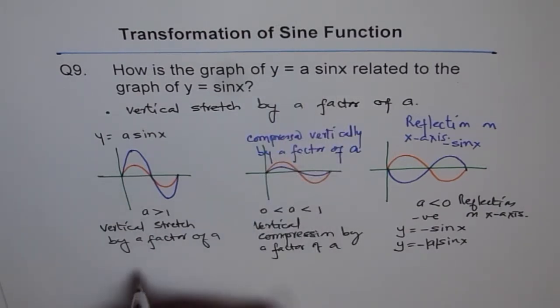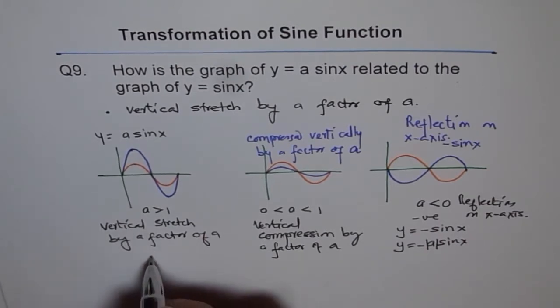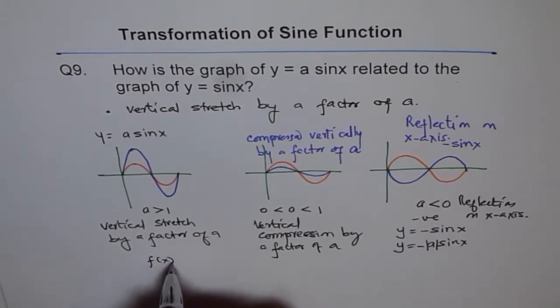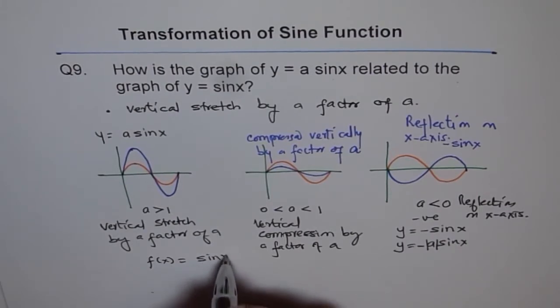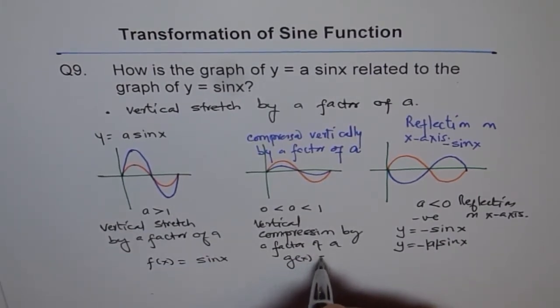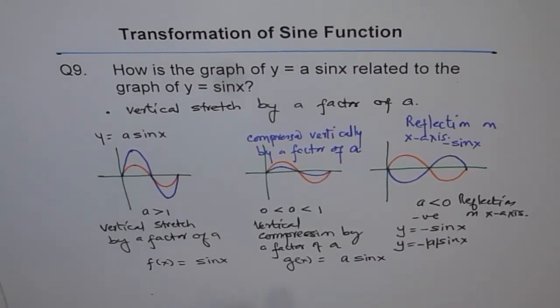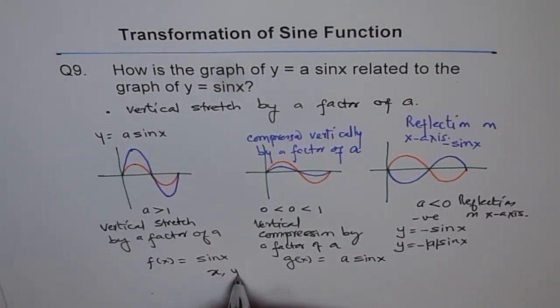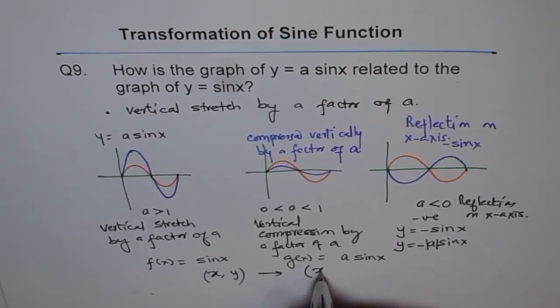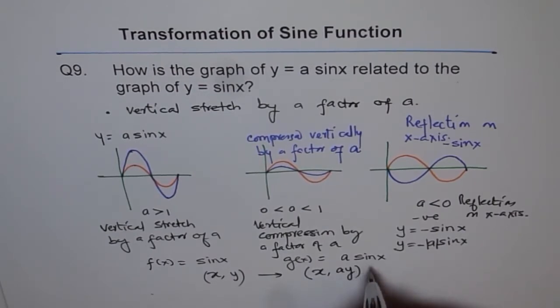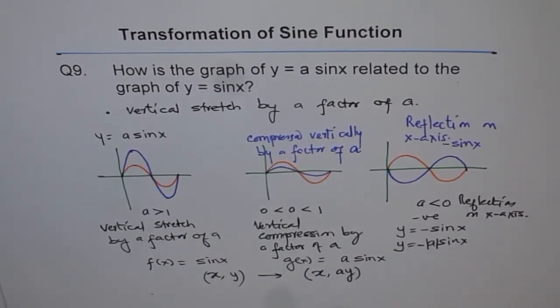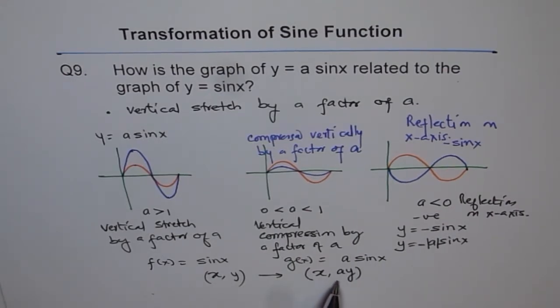So if you're comparing the two functions, let us say f of x equals sine x and g of x equals a sine x, then what we are really looking for is that any coordinate (x, y) on this function actually changes to (x, ay) in the transformed function a sine x. This is the major change. And so in general we say that it gets vertically stretched by a factor of a.